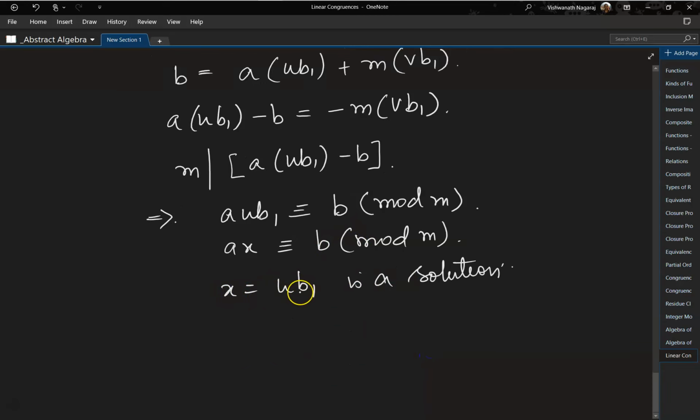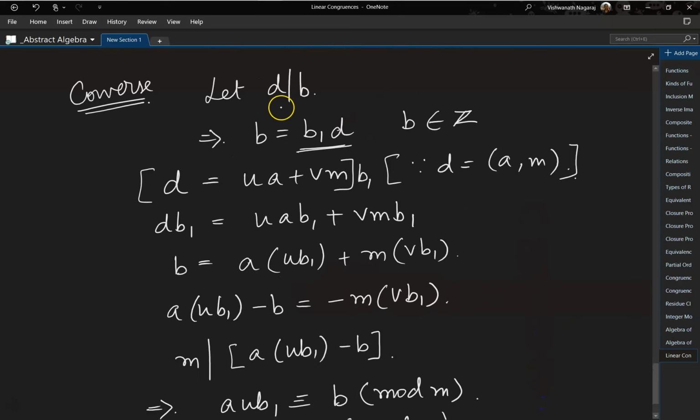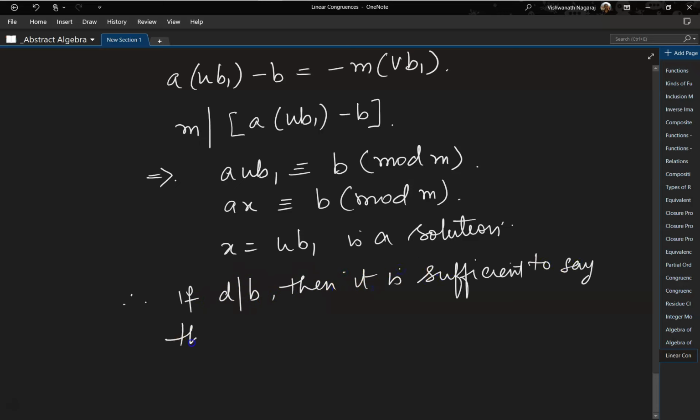Here UB1 is not the important point. The point is there is a solution, and that solution is only possible because of this starting point. So therefore, if D divides B, then it is sufficient to say that AX is congruent to B mod M has a solution.